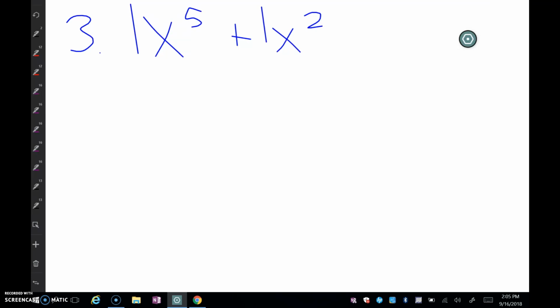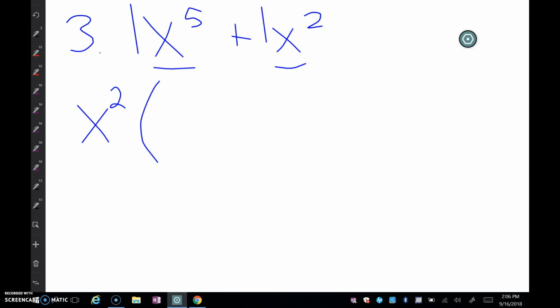You can factor a 1 out if you like, but you don't have to do that. So really the only thing I'm looking at here are my variables, and again, they both have x's in them, so I take out the lowest power because that'll be what they have in common. My GCF this time is simply x squared, and I'm going to multiply by what I need to be able to get my original polynomial.